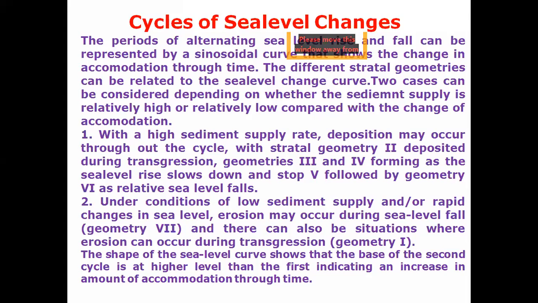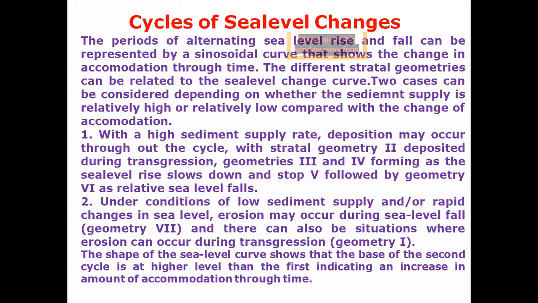Two cases can be considered depending on whether the sediment supply is relatively high or relatively low compared with the change of accommodation. Number one, with a high sediment supply rate, deposition may occur throughout the cycle, with stratal geometry 2 deposited during transgression, geometries 3 and 4 forming as the sea level rises, slows down and stops, 5 followed by geometry 6 as relative sea level falls.